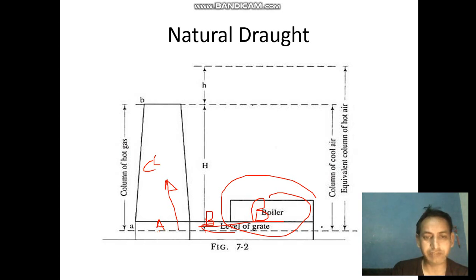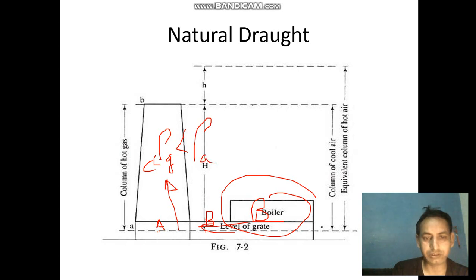As the gases fill the chimney, the density of these gases is lower than the density of the outside air.